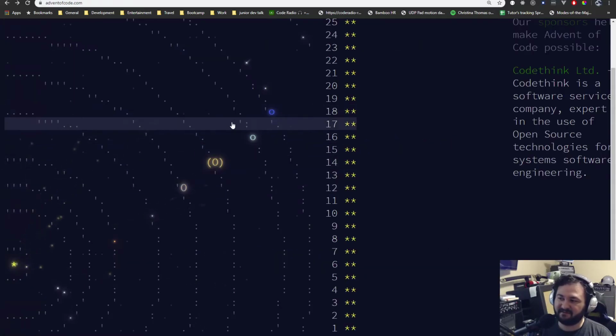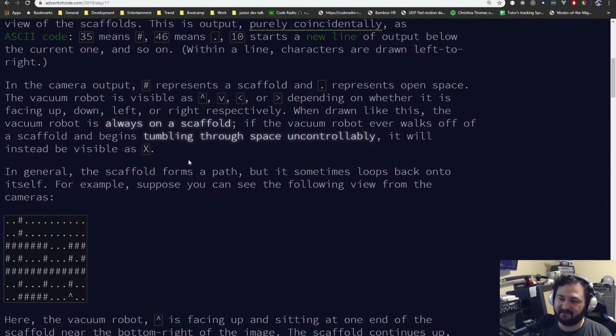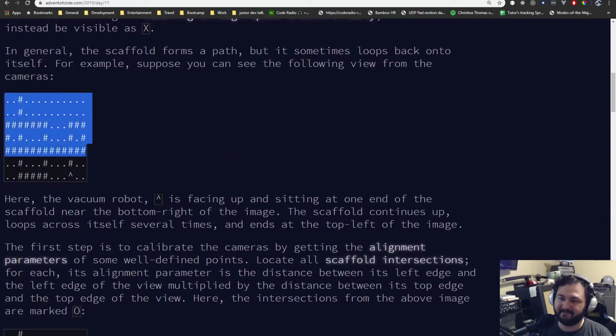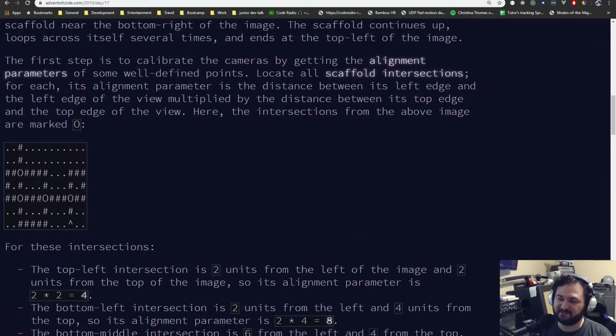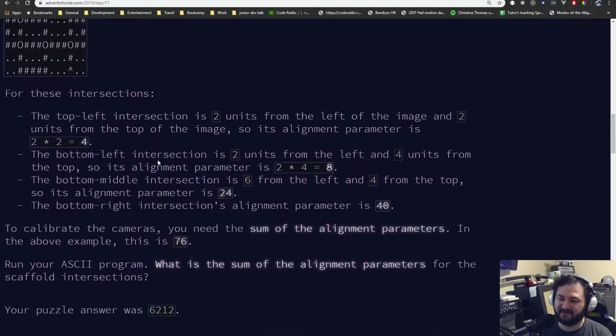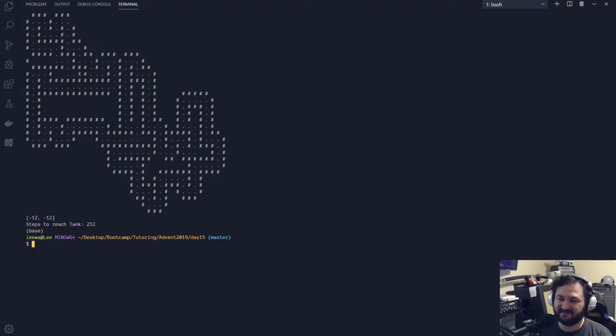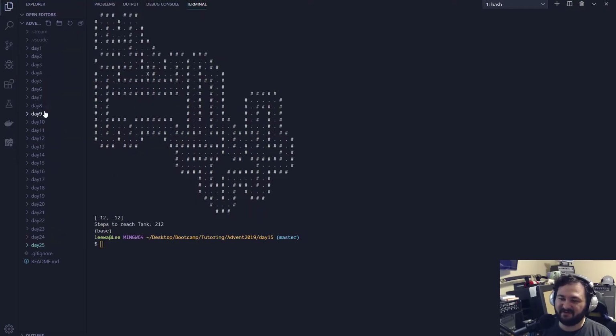Some other ones that I liked were Set It and Forget It. For this one, they give you a pathfinding problem again. I really like this one because the fast solution was not to do it in programming.